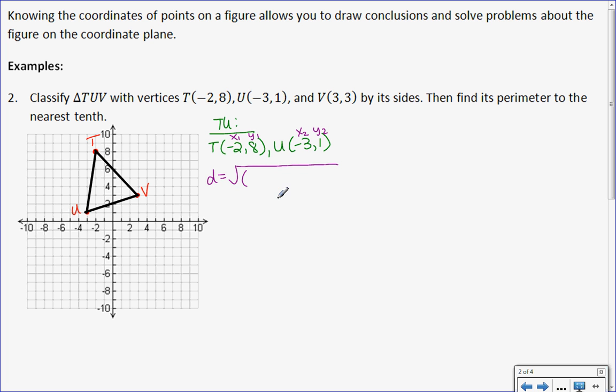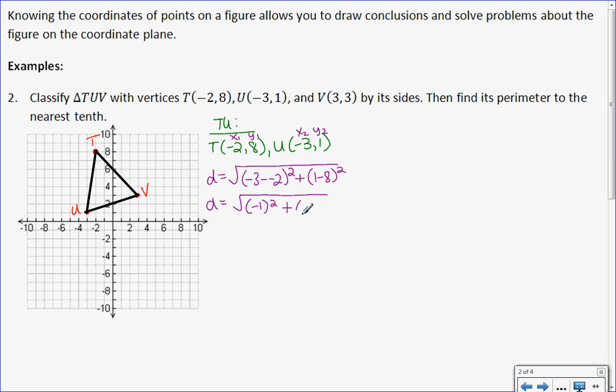So remember the formula is x2 minus x1, so negative 3 minus negative 2, squared. And make sure that you get the minus from the formula and the negative from this number. Plus y2 minus y1, 1 minus 8, squared. Alright, take care of the parentheses. Negative 3 minus negative 2, that's like negative 3 plus 2, that's negative 1.